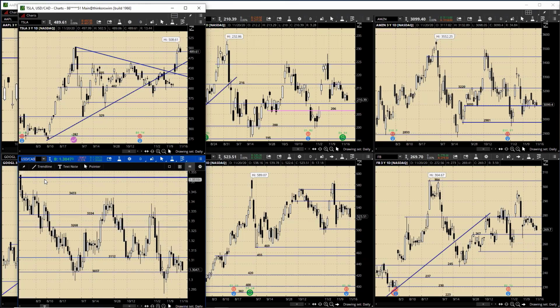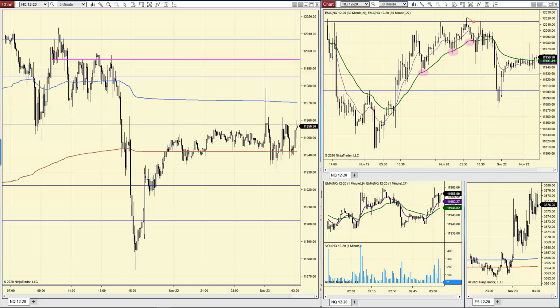I will take a quick look at indices. We saw that late day sell-off on Friday, and I talked about, even though they're pushing hard, I did not think that we were in a brand new leg.